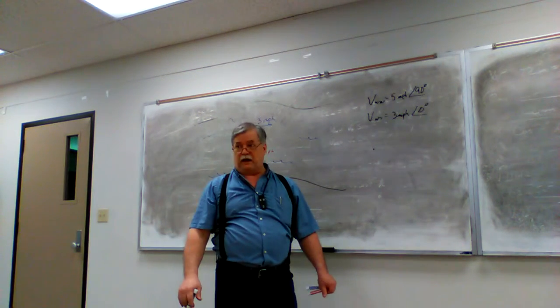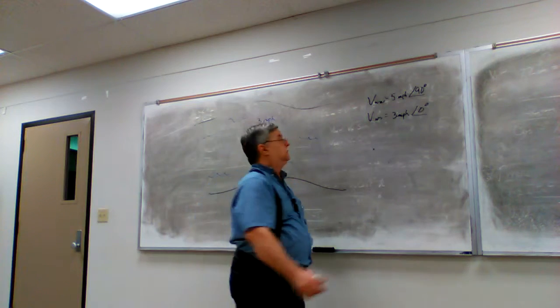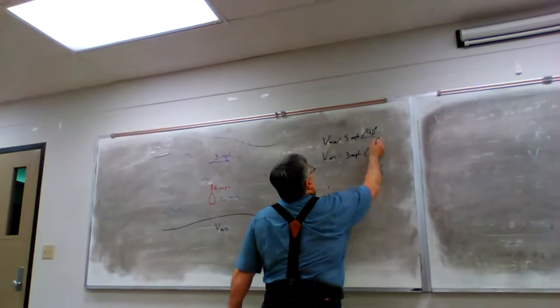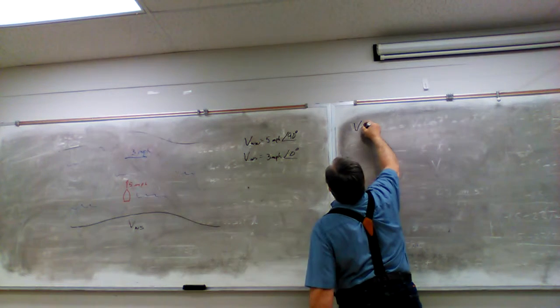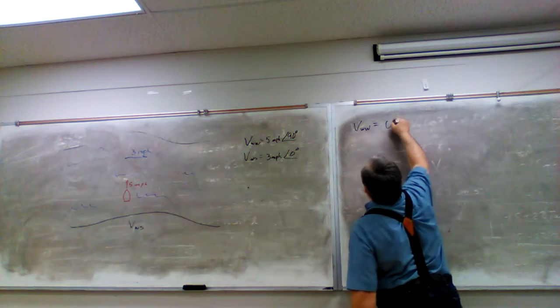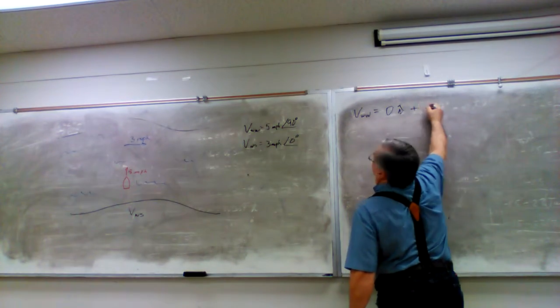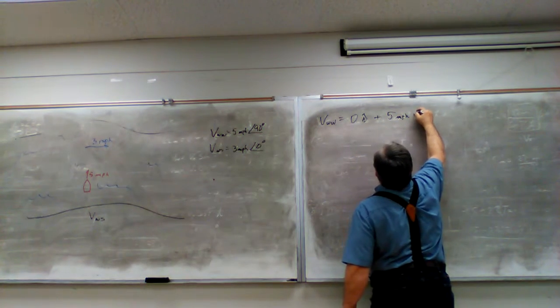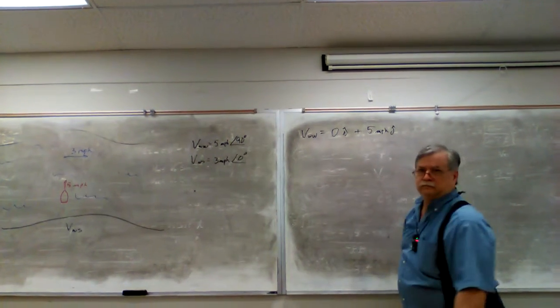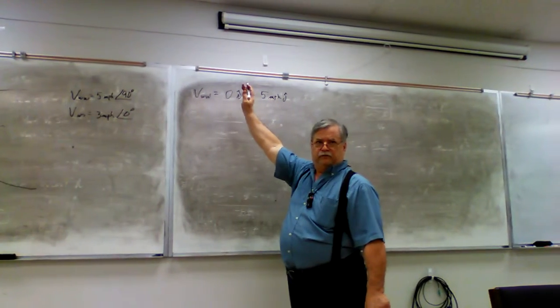The first thing we have to do is write them in rectangular coordinates. So the velocity of the watercraft with respect to the water equals 0 I plus 5 miles per hour J. Straight up.